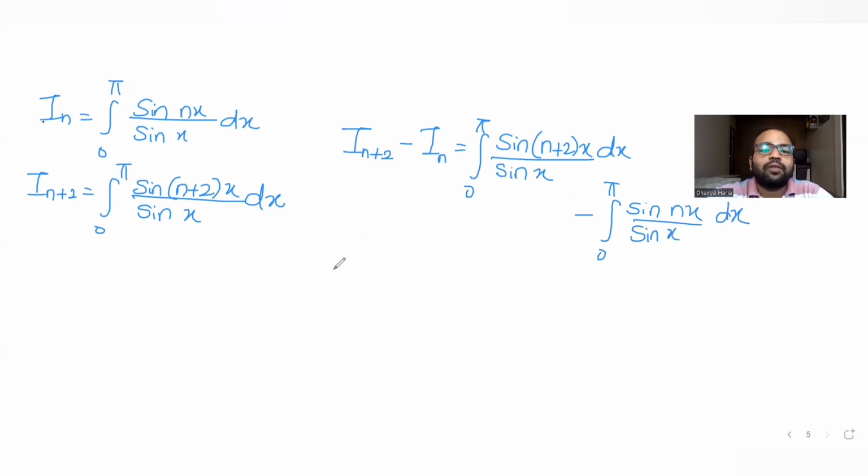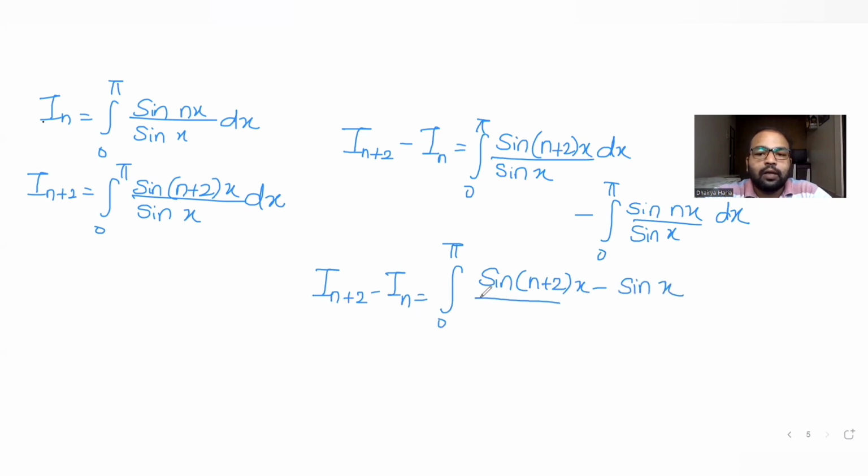Now once I have the same limits on both sides, I can write I_(n+2) minus I_n as the integral from 0 to pi of sin (n+2)x minus sin nx, upon sin x. I'm taking sin x common because it is the same thing present in the denominator.